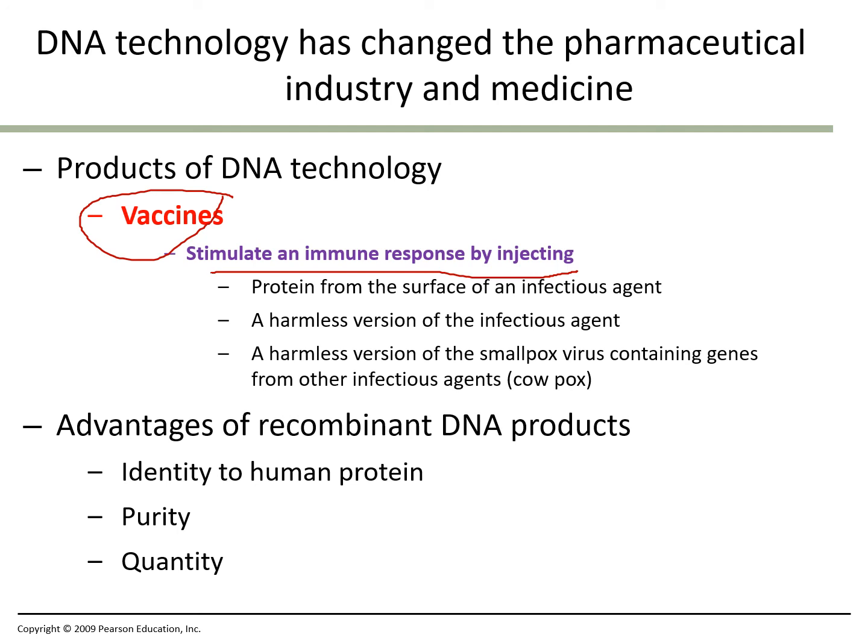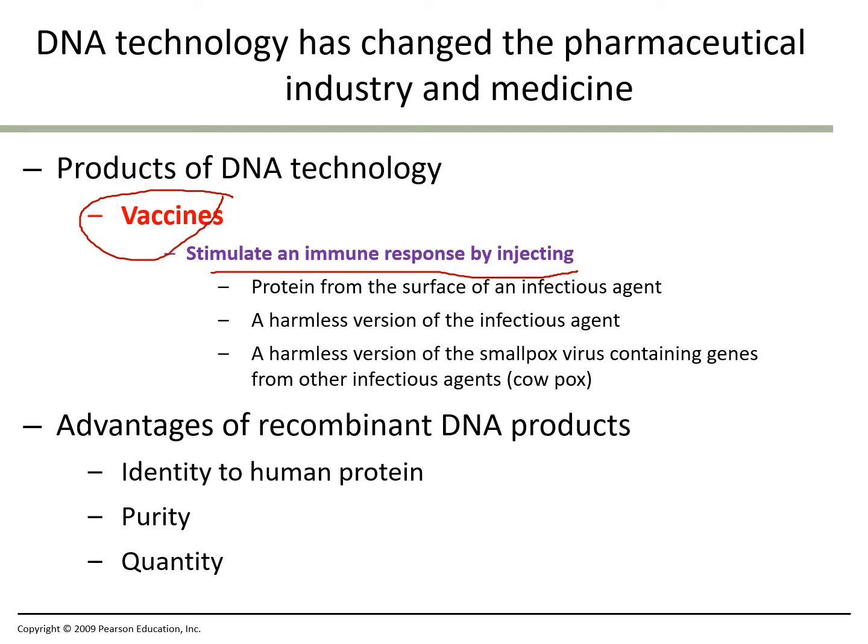The body will recognize those proteins, and when it comes in contact with the actual disease, it will already have that army it can call up to combat the disease, because it will recognize it. So that's the idea behind a vaccine, to stimulate an immune response. We'll talk a little bit more about that when we do the Zoom on it. We can talk about more examples.